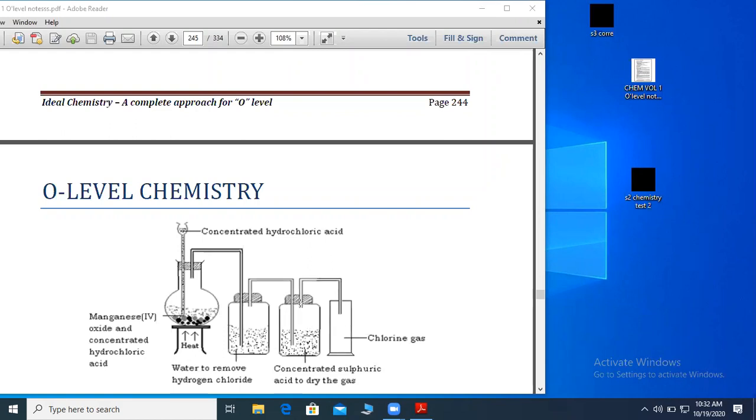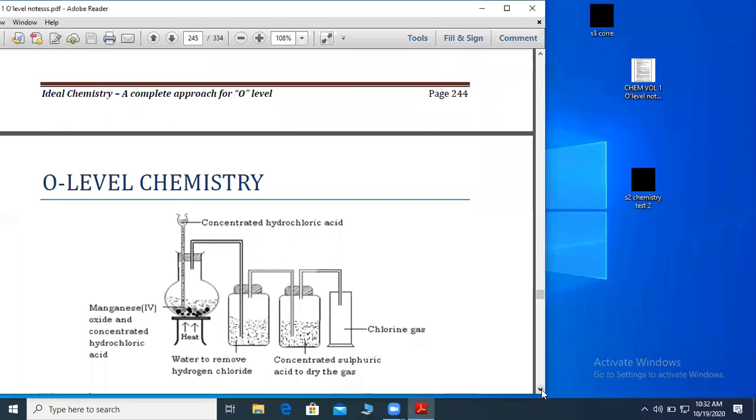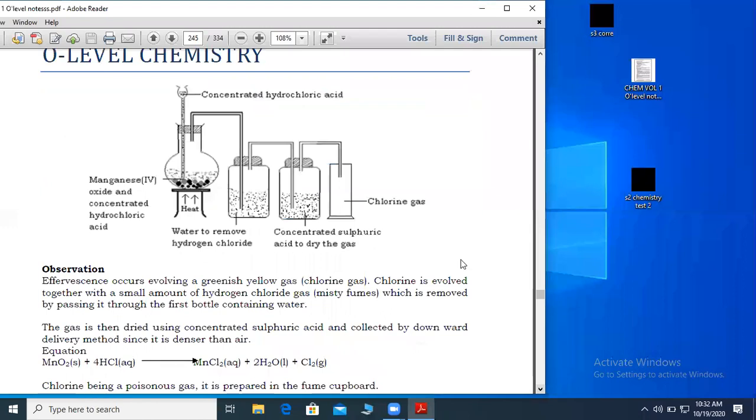And finally, chlorine gas is denser than air, so it is collected by downward delivery. So if I had asked you to describe with a diagram, this is what you have drawn, then you always have to write some words about your diagram, like how chlorine is collected and how it is dried.